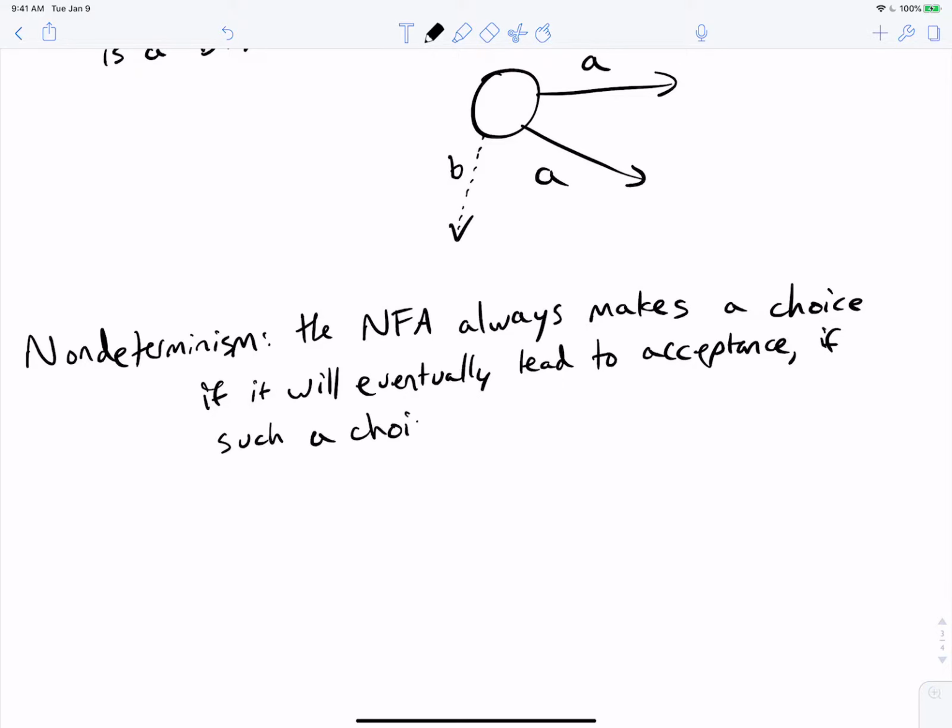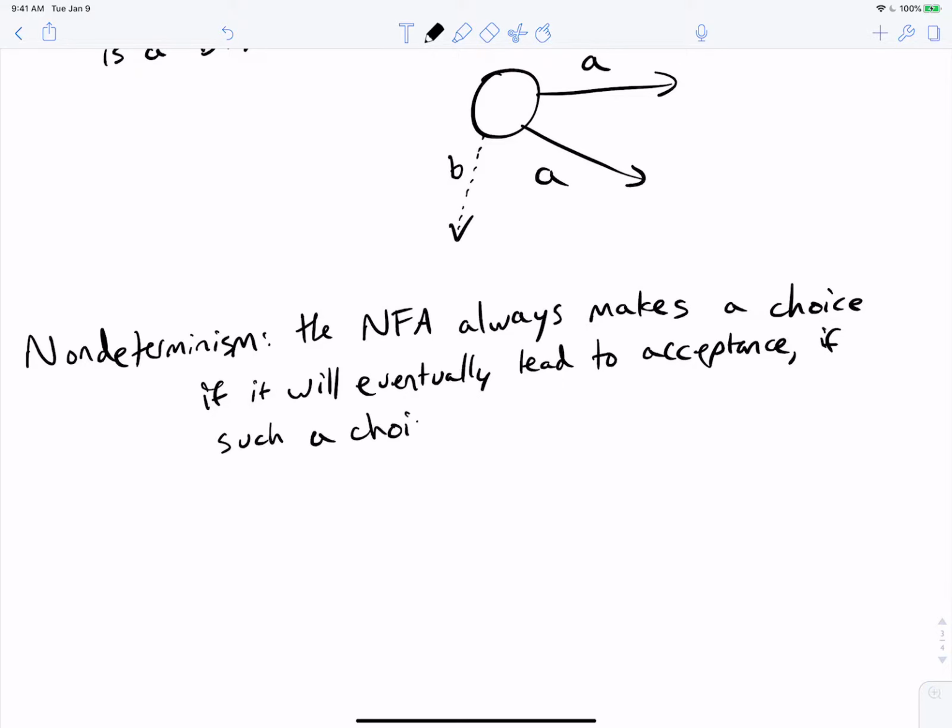If we have two or more choices that will lead to accepting the string, we'll just choose one of them. But the key here is that the NFA always makes exactly one choice. It will never make 2, 3, 4, whatever number of choices. It always makes exactly one choice.